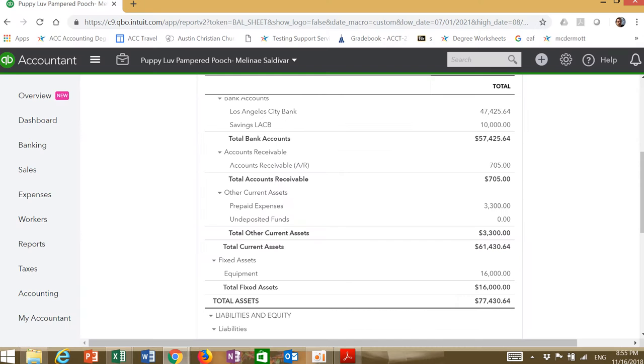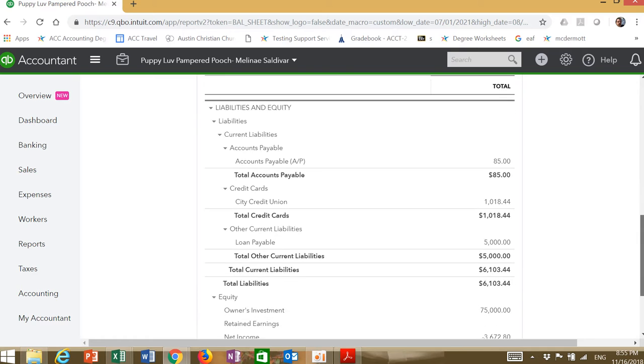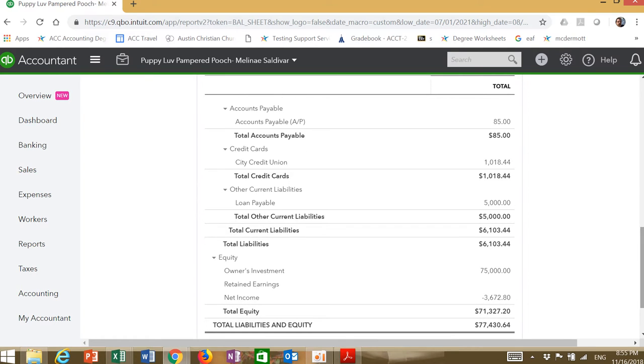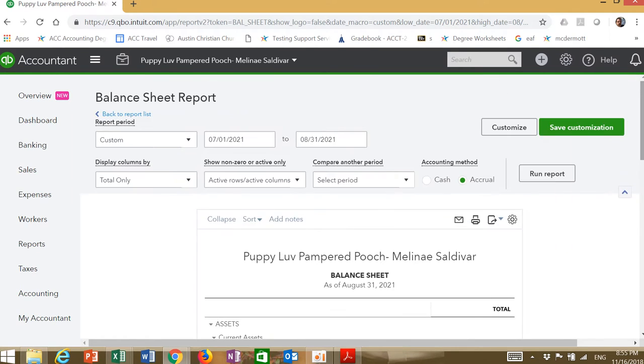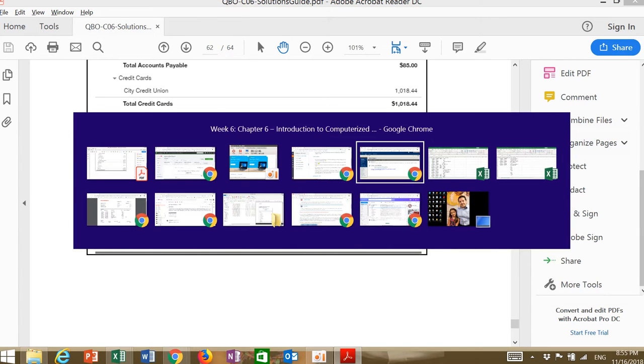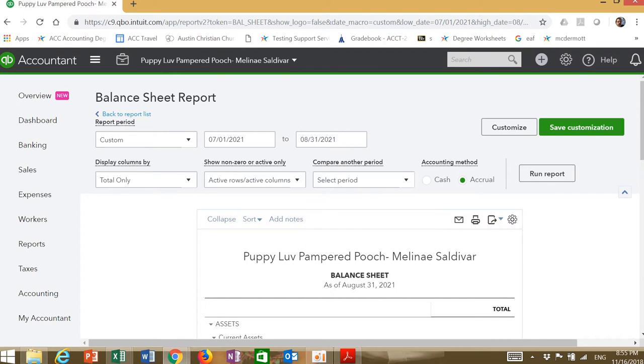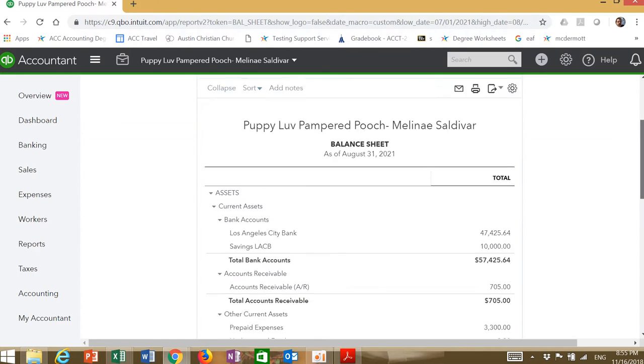Yeah, so it looks like you've got the right totals now, right profit number. Now, if we go in and try to reconcile your stuff, let's just see what that looks like.